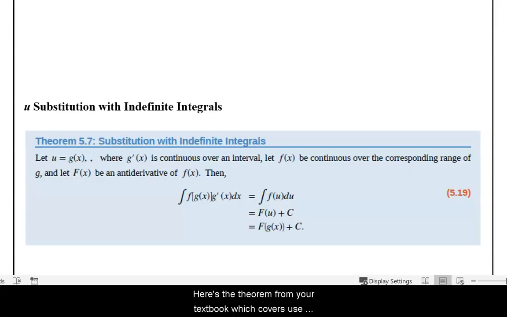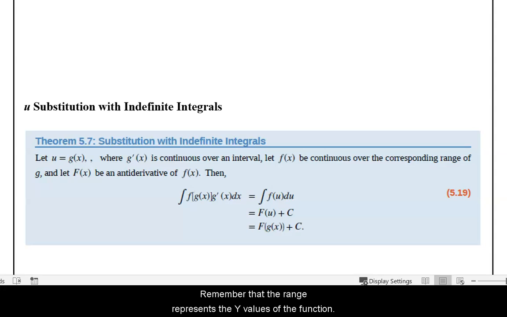Here's the theorem from your textbook, which covers u-substitution with indefinite integrals. They allow u to be some function g of x, where the derivative of g is continuous over an interval. Then they define another function f to be continuous over the range of g that corresponds to the same interval over which the derivative of g is continuous.